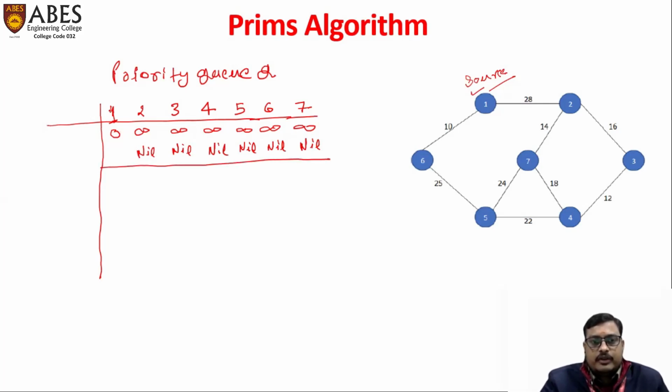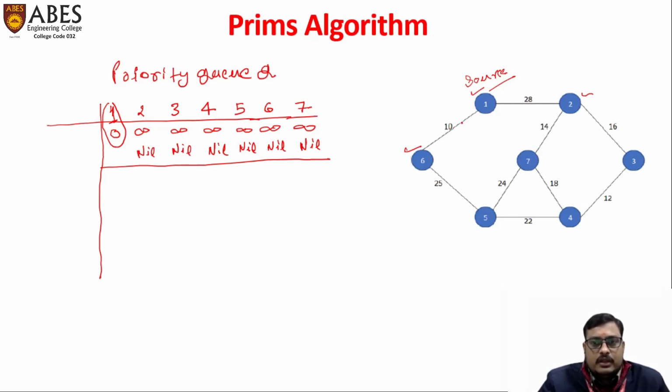Now in the first step, we'll compare the cost of this vertex 1 with all the adjacent nodes of the vertex 1. The adjacent nodes are 2 and 6. These are the adjacent vertices of 1. So we'll compute the cost of 2 and 6 from 1.